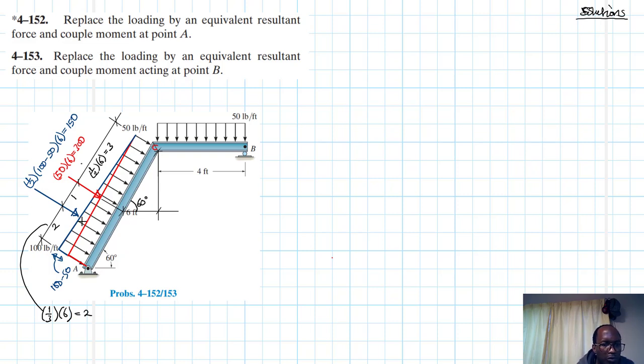Let me use another color, maybe a blue. So we need this distance here, this one here, and I also need this distance here.